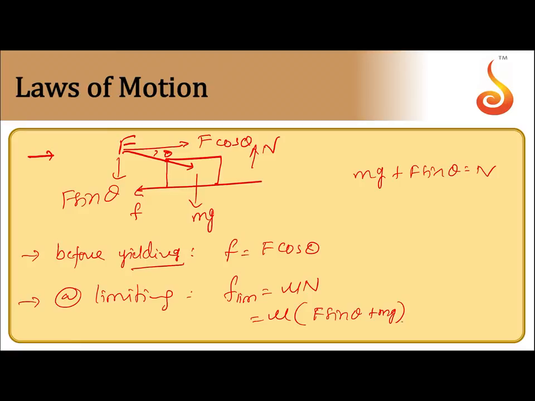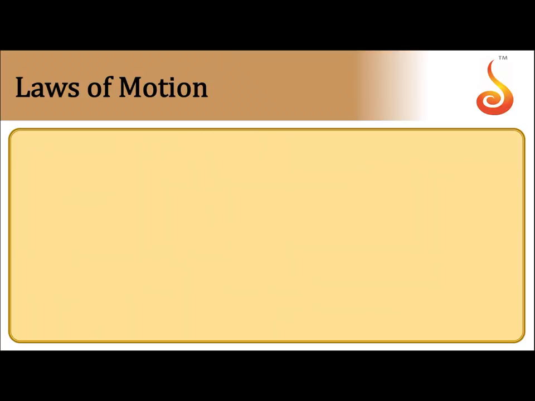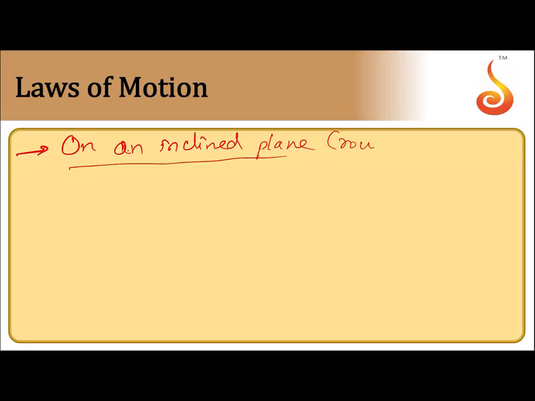Simple cases, of course, for an object which is moving on the horizontal surface. What if I consider it on an inclined plane? Earlier we considered a smooth inclined plane, this time we will consider a rough inclined plane.